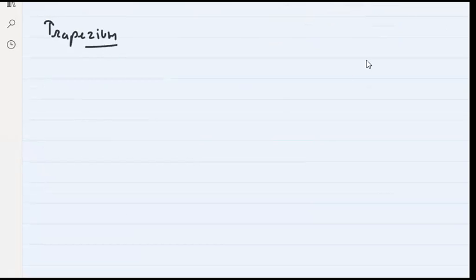The next figure is called trapezium. Quadrilateral is a general figure, Madhur. I'll tell you what trapezium is.